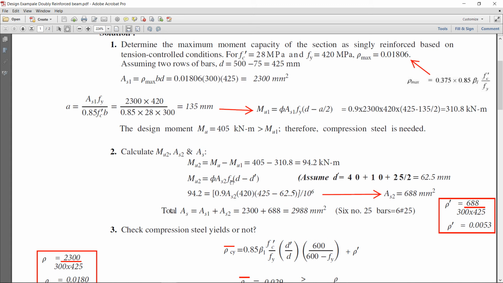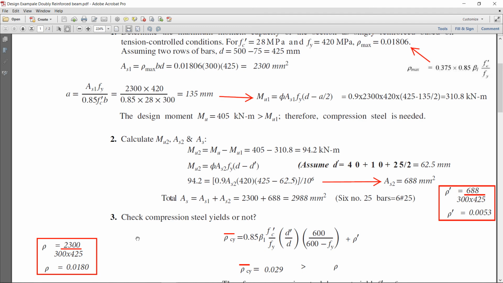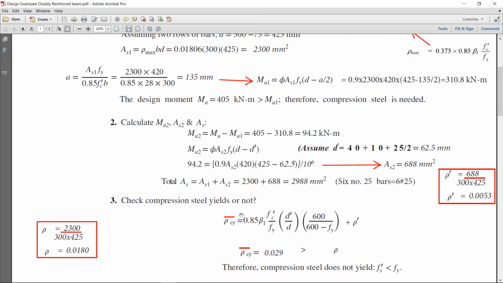Now we check whether our steel is yielding in the compression region also. So here we check whether the compression steel is yielding or not. Here is the formula for the minimum tension steel for compression steel yielding.